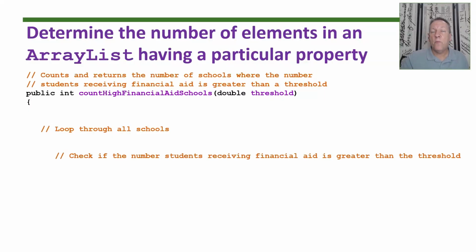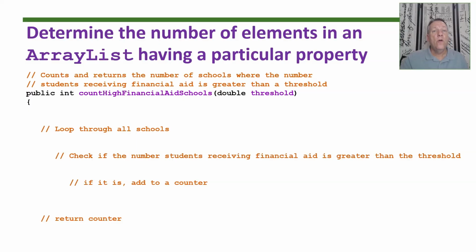And each time we visit a school, we're going to check if the number of students receiving financial aid is greater than my threshold parameter. And if it is, we're going to add it to a counter. So that means we're going to need some sort of counter to determine how many schools there are that are above this threshold. So we'll need a variable for that. Finally, after the loop is done, we're going to return that counter.